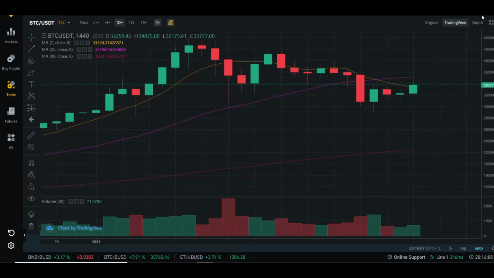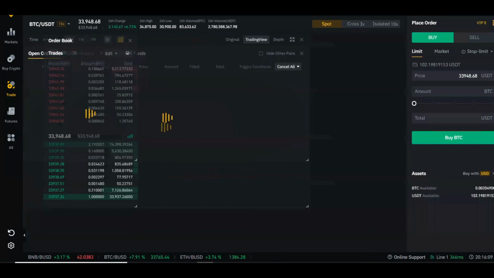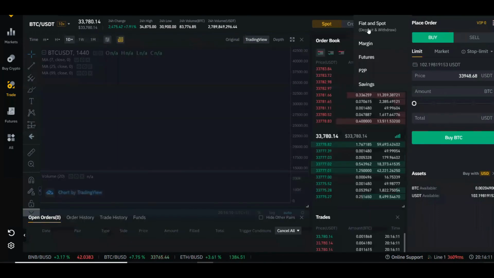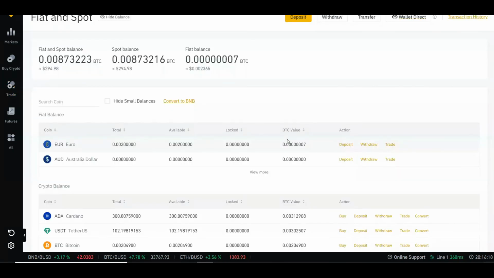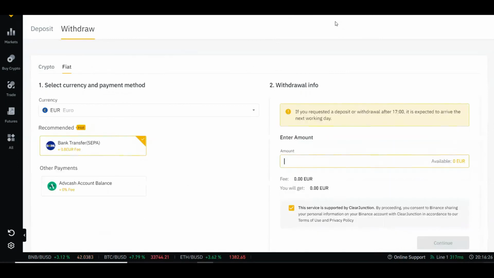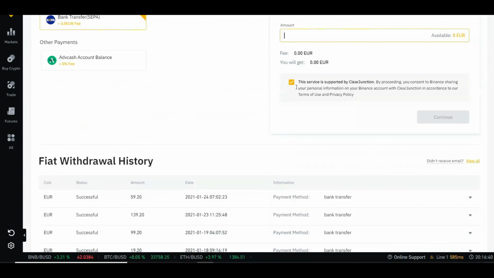Let's close this window. So as I always show in the group, actually, if I take withdraw, I usually buy my currency on the site directly.